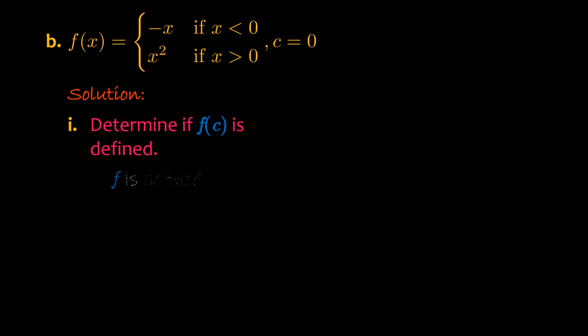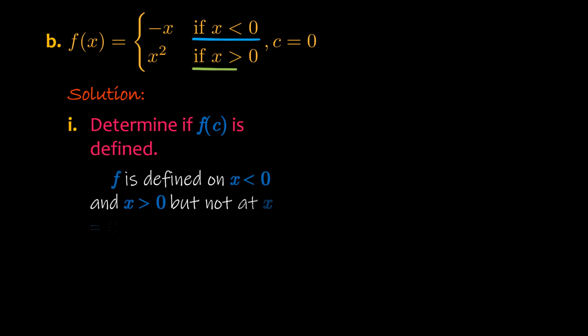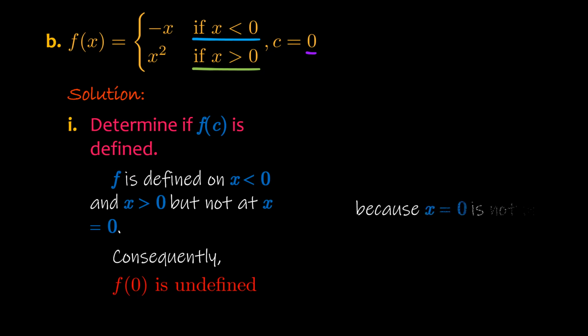F is defined on x less than 0 and x greater than 0 but not at x equals 0. Consequently, f of 0 is undefined. Because x equals 0 is not in the domain of f. The figure illustrates the graph of f of x.